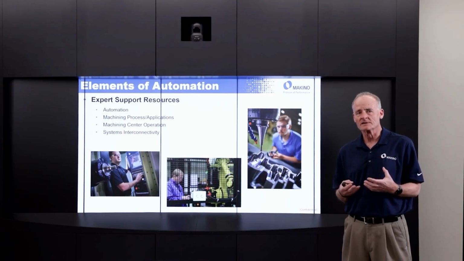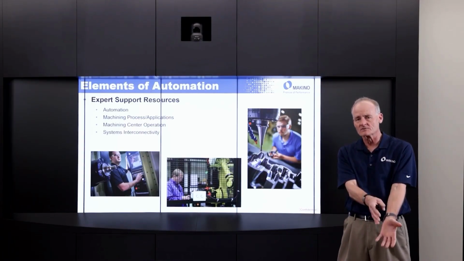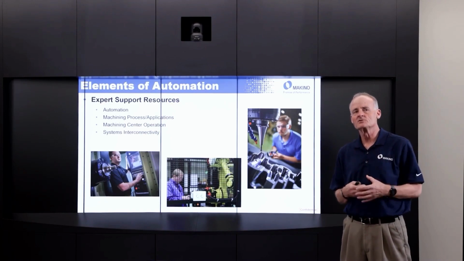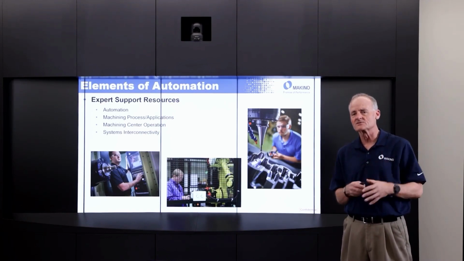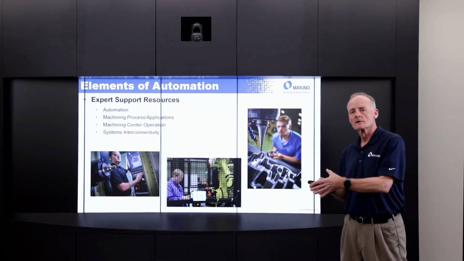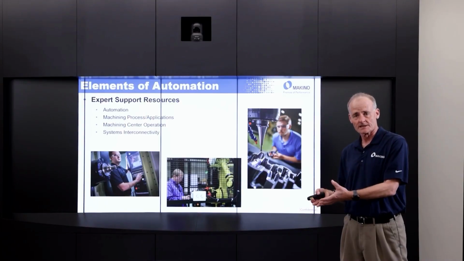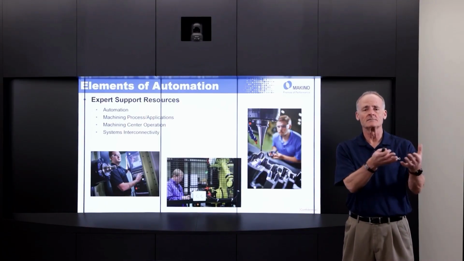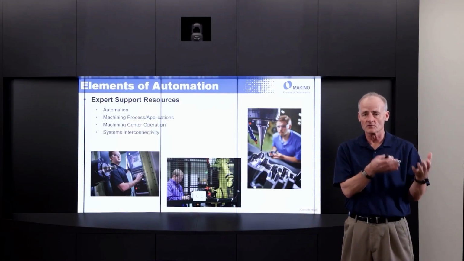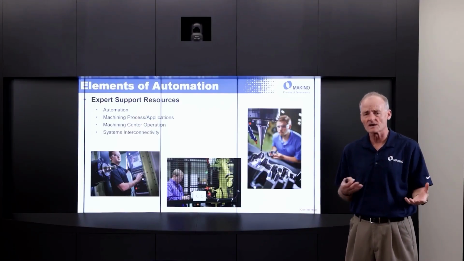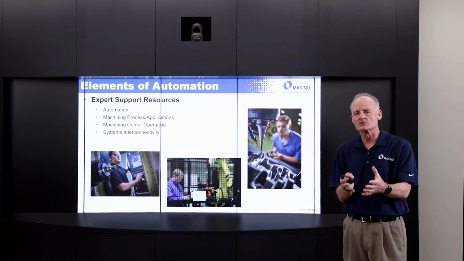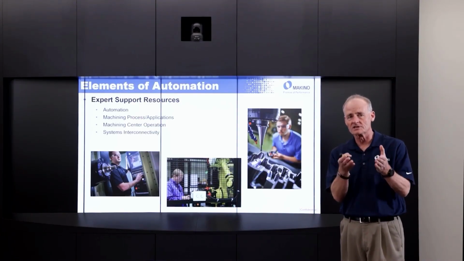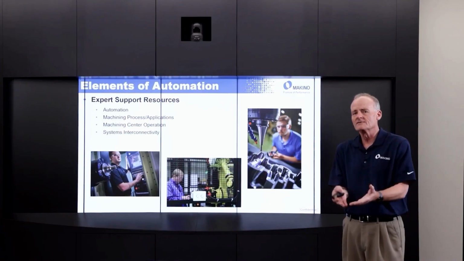But it's not only Makino. Makino is able to bring all these resources to you in a complete package. But one thing you should consider is that you need some of these resources within your manufacturing facility. For automation, you want engineers who understand the automation, who can improve upon it and recover it, along with your process and application people, so they understand the requirements of automation, because we want you to be able to continuously improve this. We're going to give you that base system.